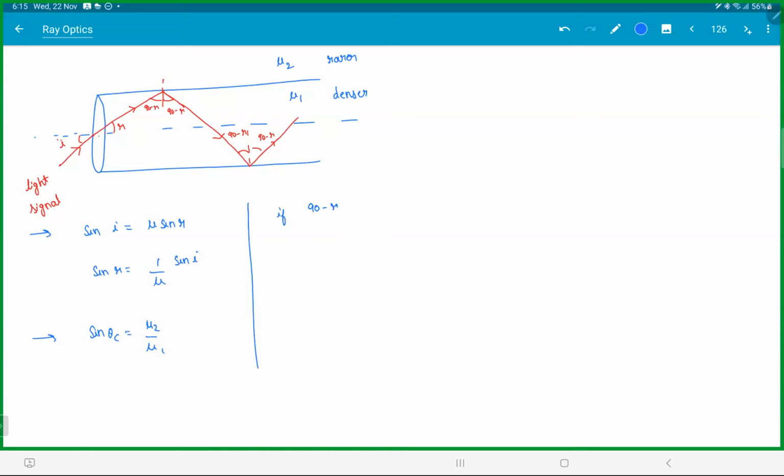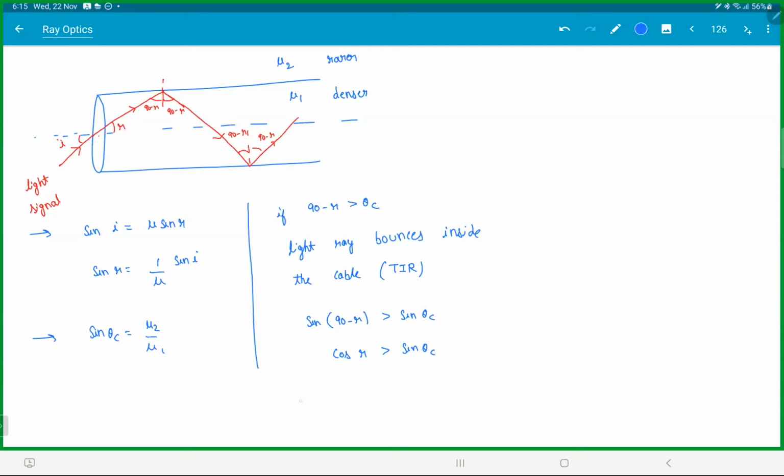If 90 minus R becomes greater than theta critical, the light ray will undergo TIR, total internal reflection. So if you put sin 90 minus R, it should be greater than sin theta critical. This becomes cos R is greater than sin theta critical.